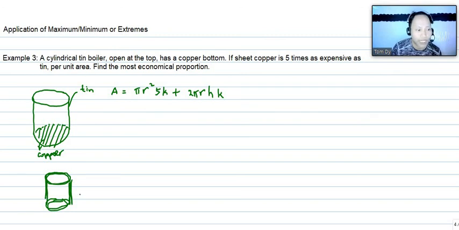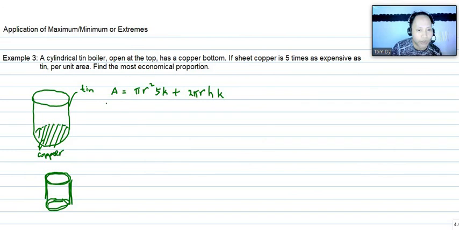Take note, this is the height. And remember, k is the cost of the material. If the material is tin, its cost is k. If the material is made up of copper, then that is 5 times as expensive, or 5 times the cost of our tin.